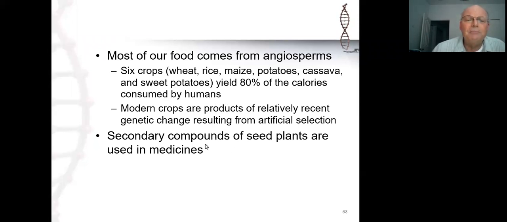We also know that many of the protective chemicals that plants produce can be used for human intervention. So daisies produce substances called pyrethrins. They're a natural insecticide.